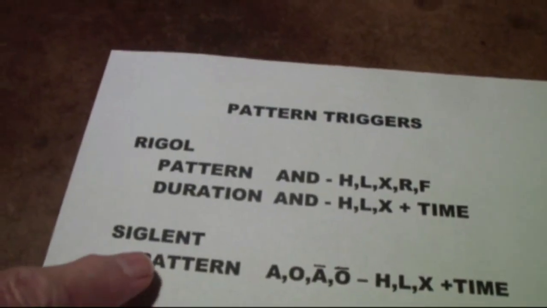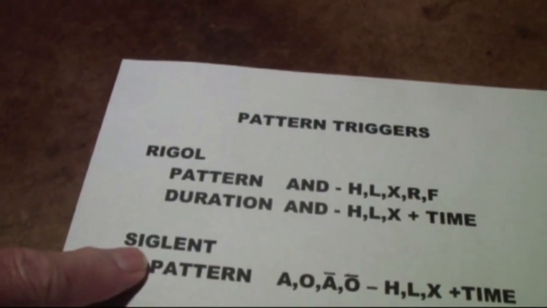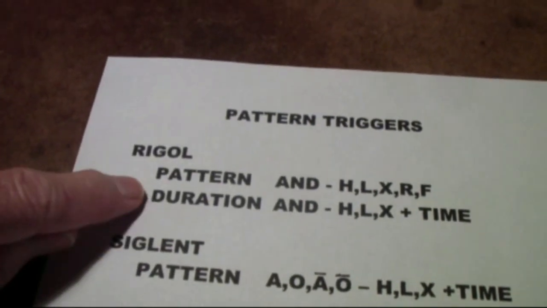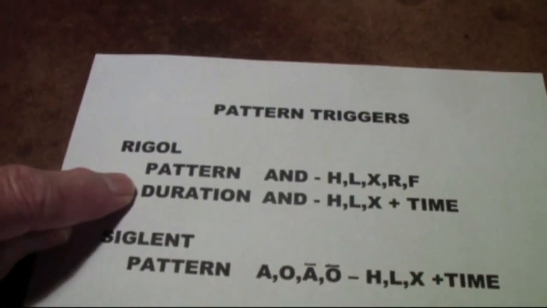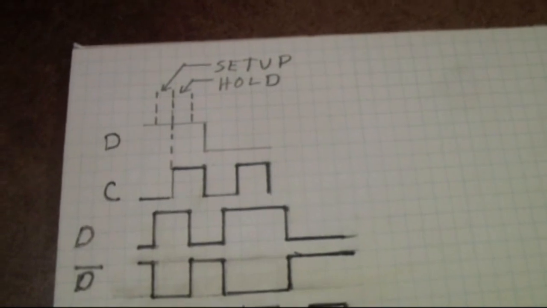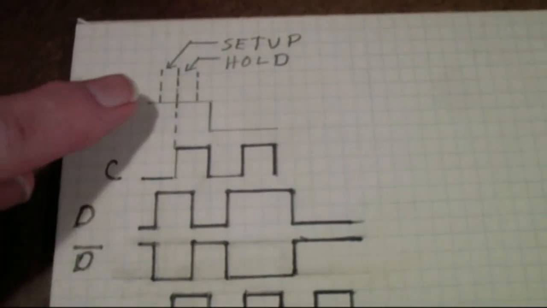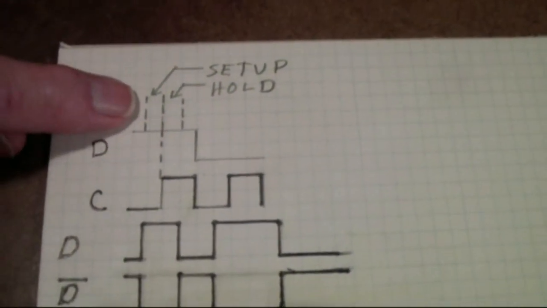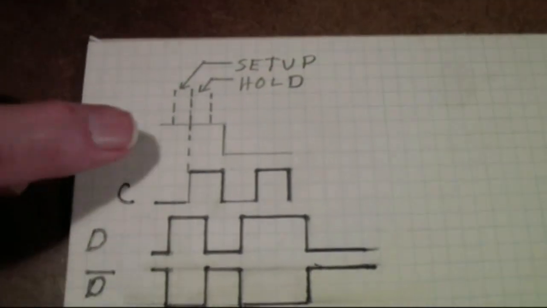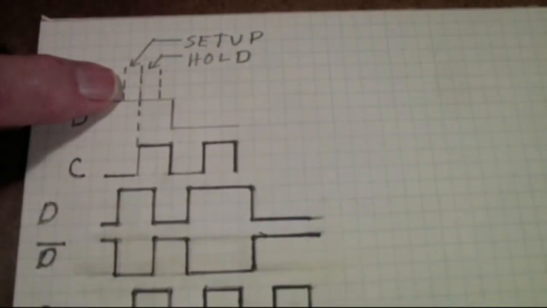So I'm going to primarily compare the pattern trigger of the Siglent to the duration trigger of the Rigol. So this is a sketch that I've prepared to try to illustrate how you could use a pattern trigger that has timing.